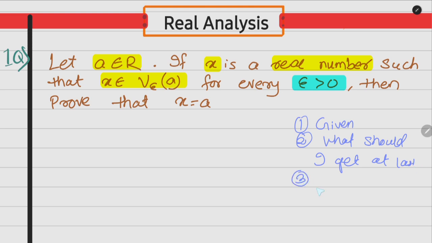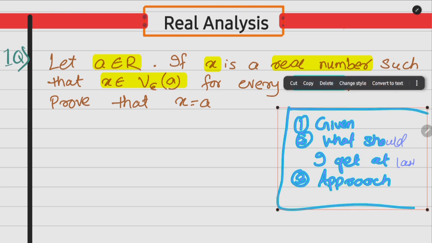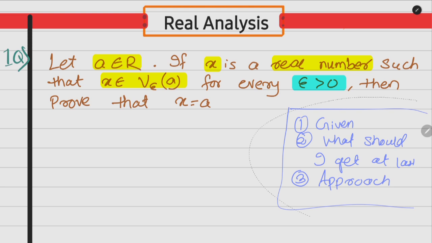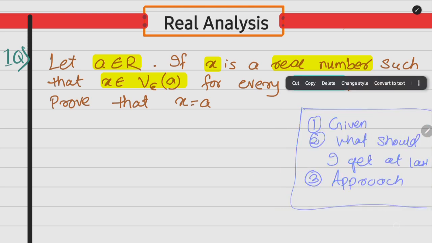And third, last but not least, you have to think what my approach should be to get to the last step. Generally, there are a few ways to solve questions, like the contradiction method and various other methods. The most common one is contradiction. In any case, you have to look for the given, what you should get at the last, and what your approach should be.